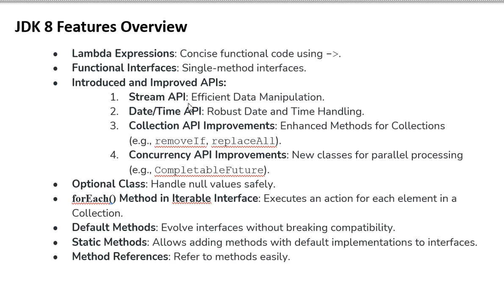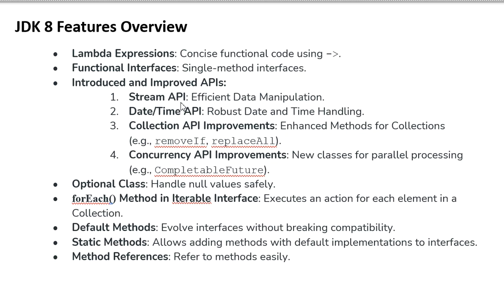So overall the changes are lambda expressions, functional interfaces, and introduced and improved APIs such as stream API, datetime API, collection API improvements, concurrency API improvements.